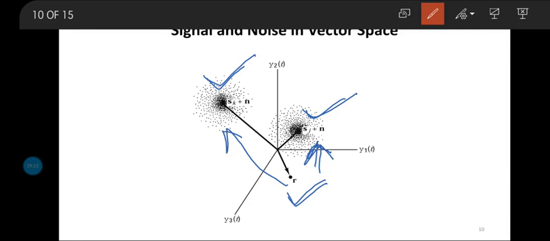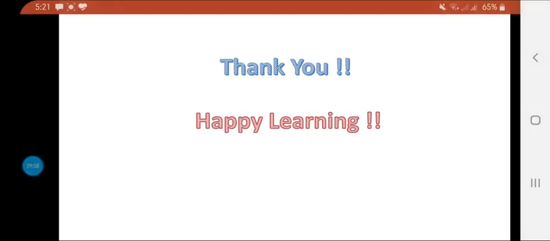So, if R is falling very close to Sj, or at a distance very close to Sk, then the corresponding signal has to be detected. A simple rule for the detector to follow is to decide that R belongs to the same class as its nearest neighbor, or its nearest prototype vector, or some other prototype signal in the M-ary set. Depending on that, we take the decision about the particular signal or pulse that we have received in error.